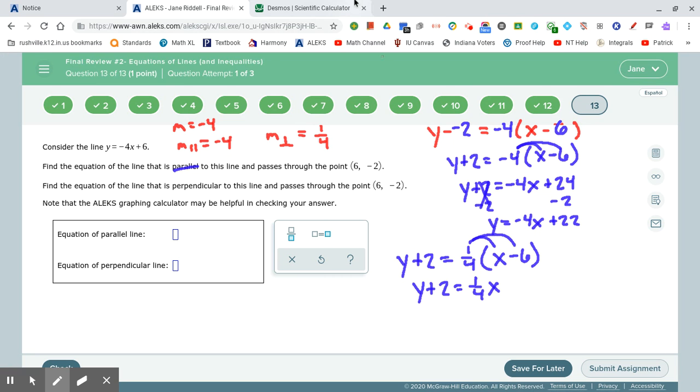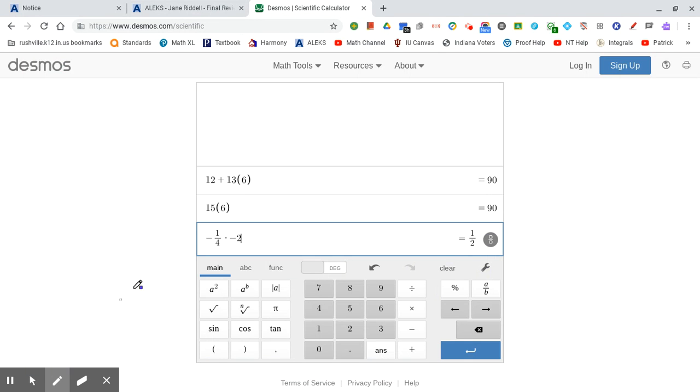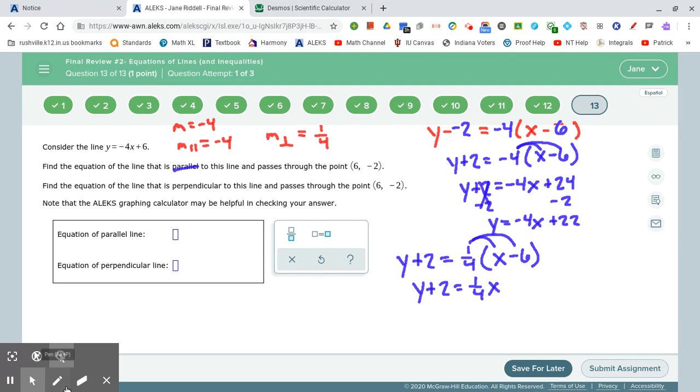And then again, use a calculator. You're going to be allowed to use a calculator on your final. So I'm taking 1/4 and multiplying that by -6. And if it doesn't already, give it as a fraction, put it into fraction form, and this is -3/2. So I'm going to write -3 over 2.